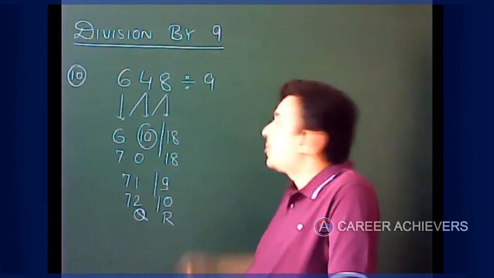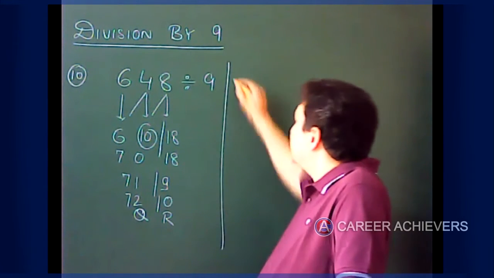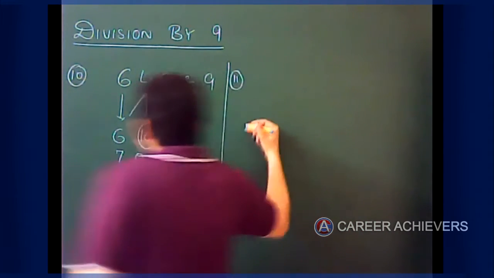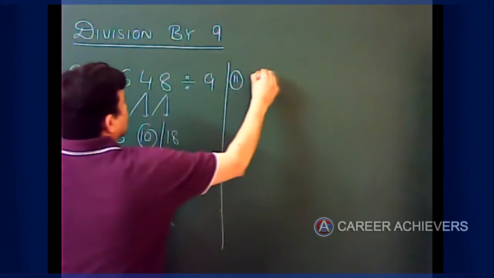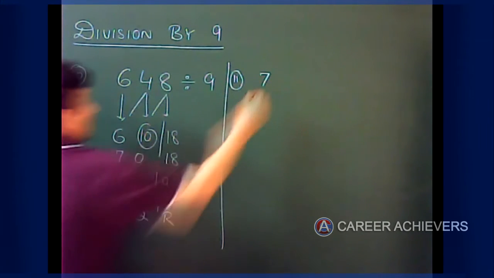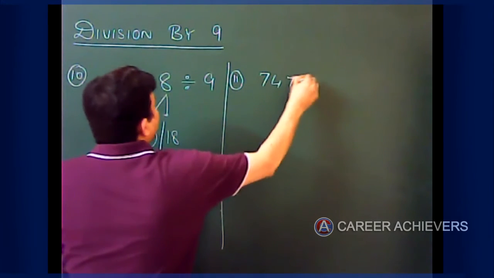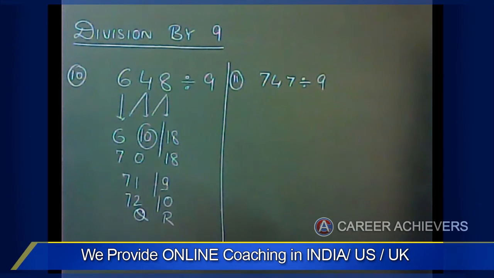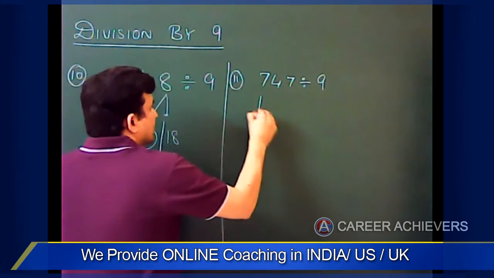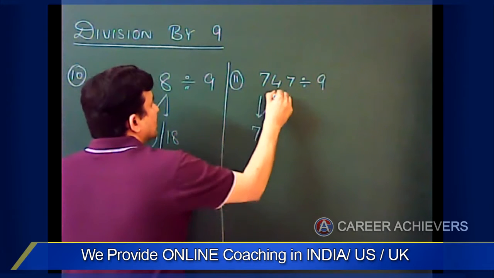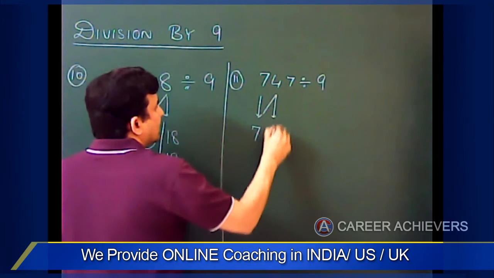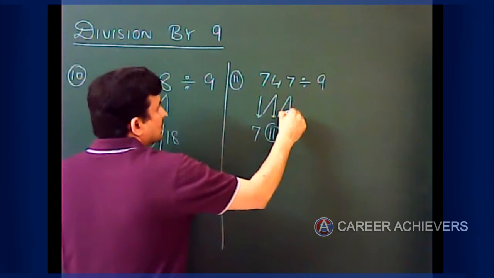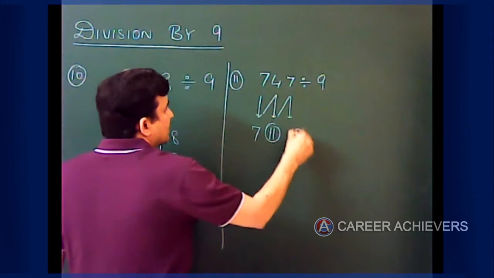Okay. Last example from my side before I give you questions to solve yourself. 747 divided by 9. This is 7, then 7 plus 4 is 11, and 11 plus 7 is 18.